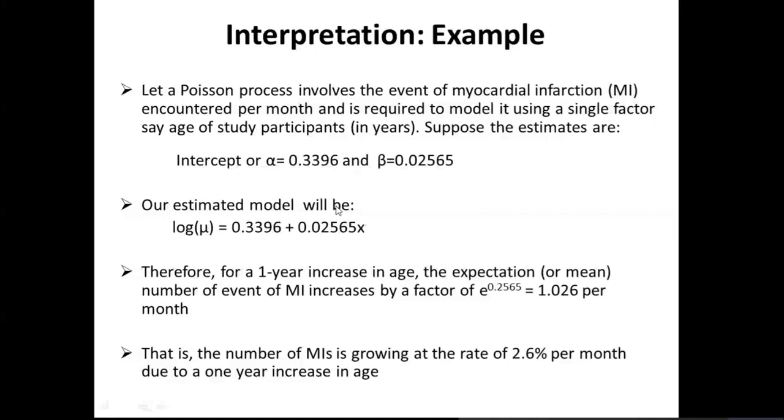Therefore, for a 1 year increment in age, the expectation or mean number of events of MI increases by a factor of e to the power of 0.2565, because it is our beta.